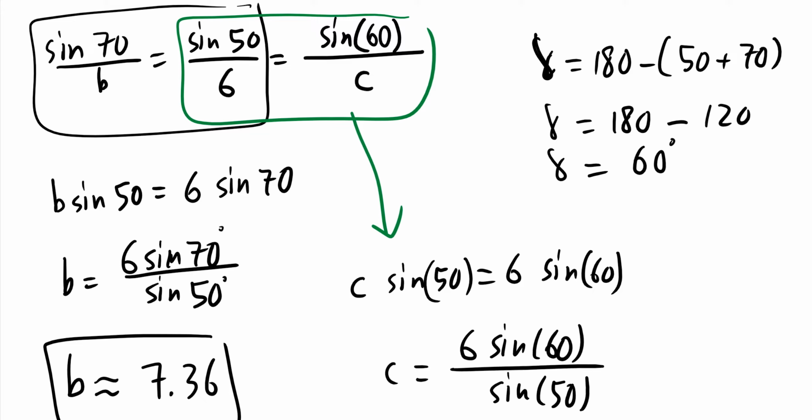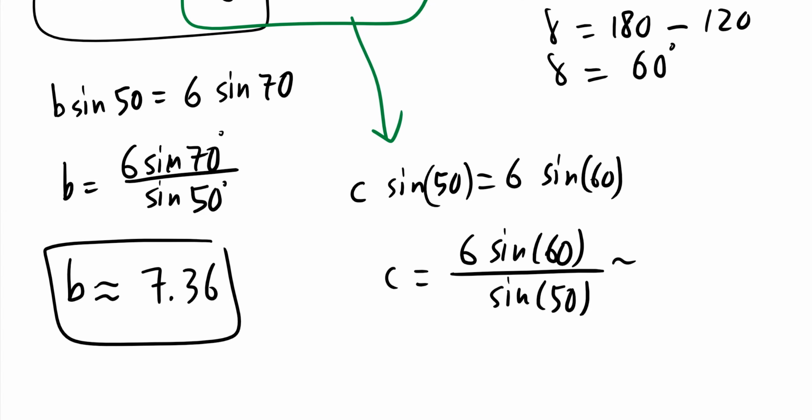When you put this in the calculator, again, make sure the mode is degrees. That gives me about 6.78, correct to 2 decimal places. So that's the first case, the side-angle-angle case.